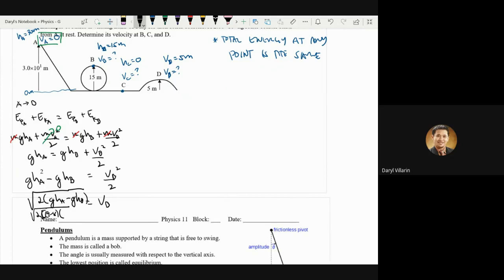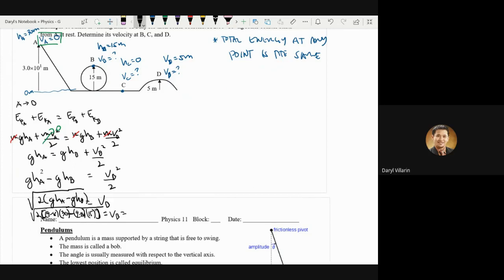So HB is the square root of 2 times 9.8 times (HA minus HB), that is, 30 minus 9.8 times HB of 15. We have several brackets here. Just be careful because you need to multiply 9.8 times 30 here before you subtract the product of 9.8 times 15, and then after which you're gonna multiply it by 2, and then you take the square root.